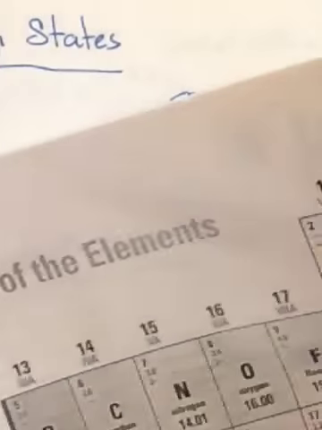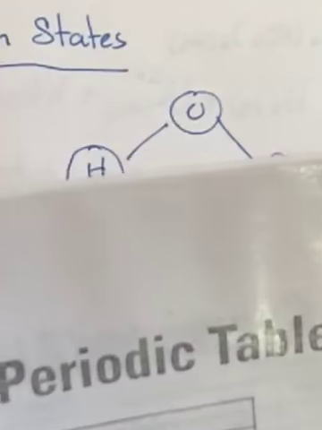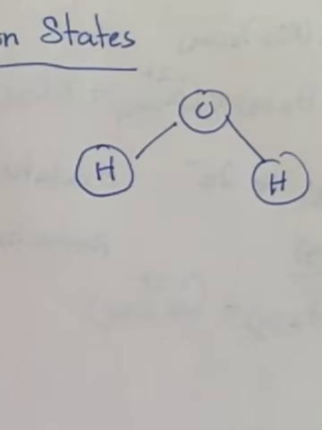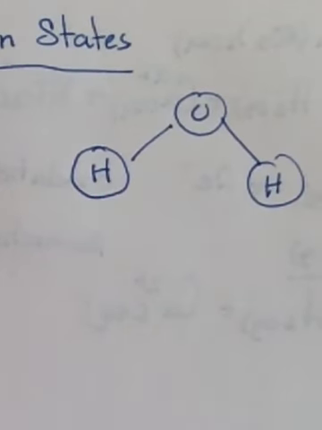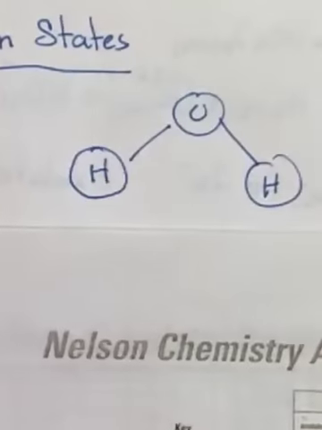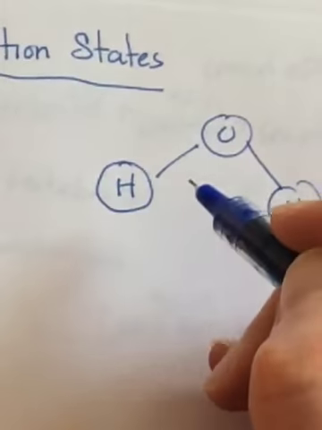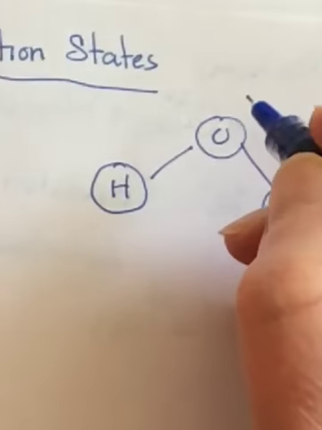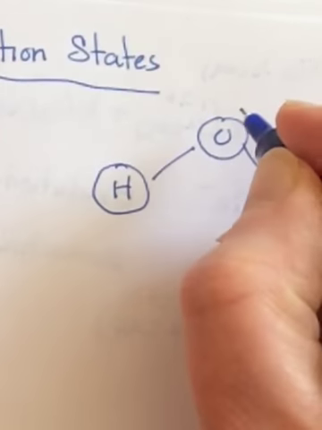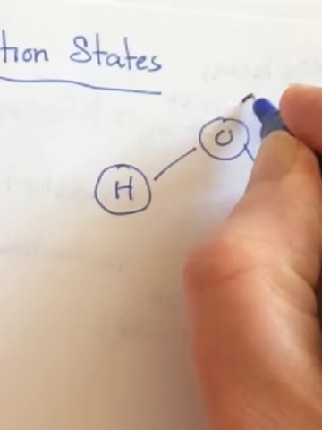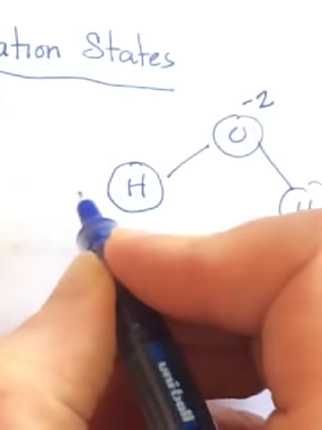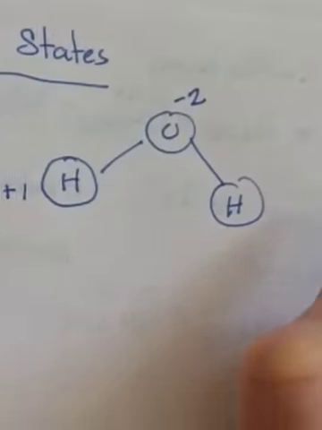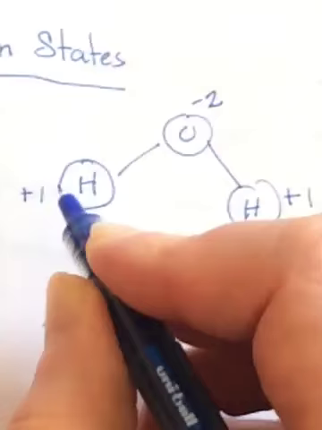So if we look at oxygen's electronegativity, I have to bring it up here so I can see it, it's 3.4, and hydrogen's is 2.2. So oxygen's going to win. So oxygen's going to end up having an oxidation number of -2, whereas each of the hydrogens is going to end up having an oxidation number of +1.